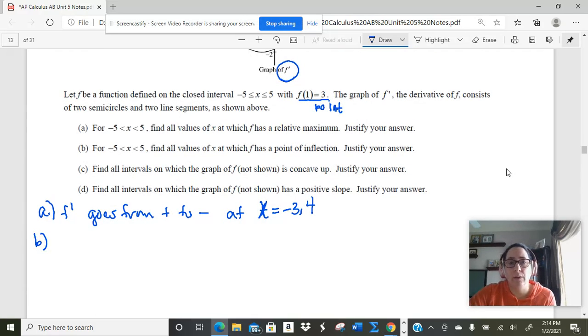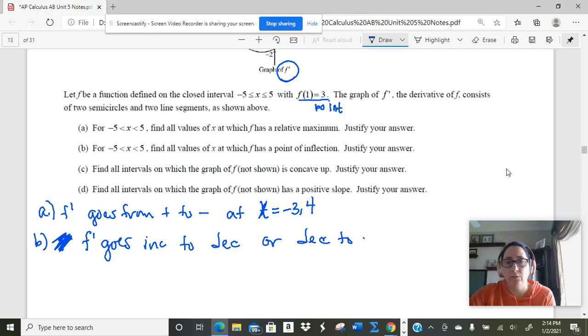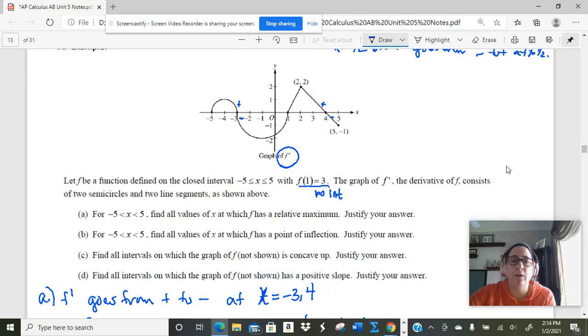Okay, now it wants a point of inflection. We're not given f double prime, so we need to talk about f prime. We want to know where it goes from increasing to decreasing or decreasing to increasing. So now I'm going to say I went from increasing to decreasing at -4.